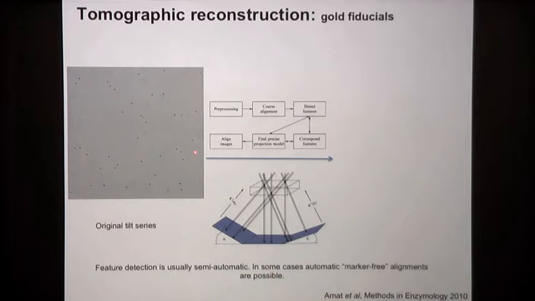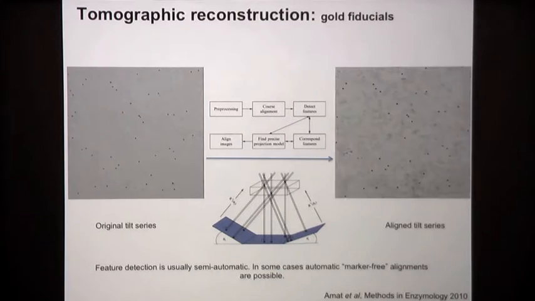This is usually done in a semi-automatic way, where the user just clicks through the tilt series and says this gold particle in this image corresponds to this gold particle in the next image, and so on and so forth. Based on this tracking, a projection model is made, and based on this model, we can go from the original tilt series to an aligned tilt series.